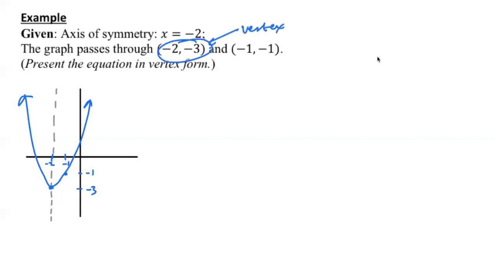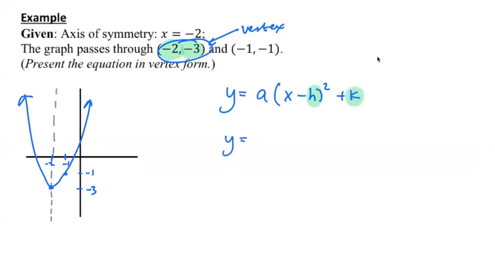So now if you're given the vertex, if you are going to write an equation, what form would fit better than the vertex form, right? So you can have a times (x minus h) squared plus k, which is the vertex form. We know the h and k.